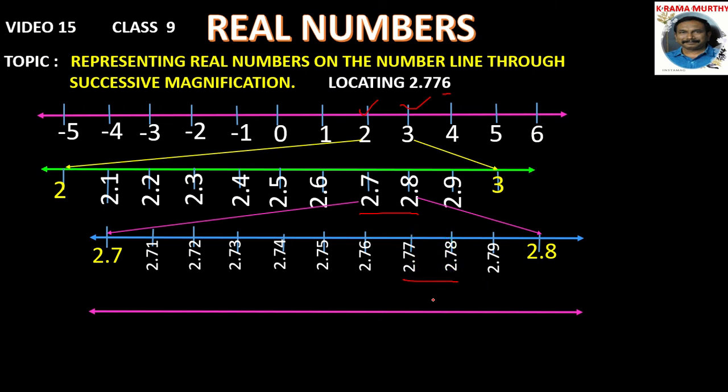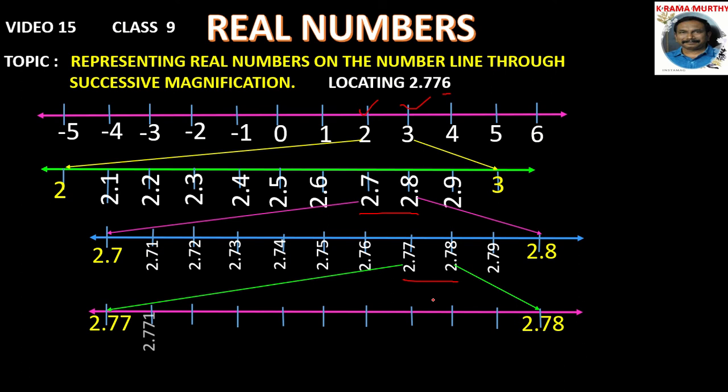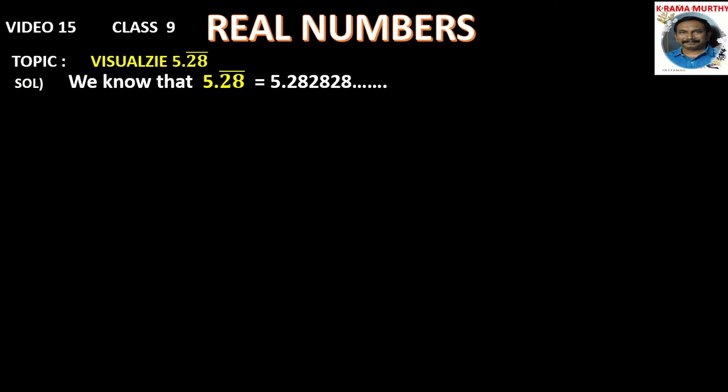At one end we find 2.77 and at the other end 2.78. In between these we again divide into 10 parts: 2.771, 2.772, 2.773, 2.774, 2.775, 2.776, which is the required point, 2.777, 2.778, 2.779. That is our problem.